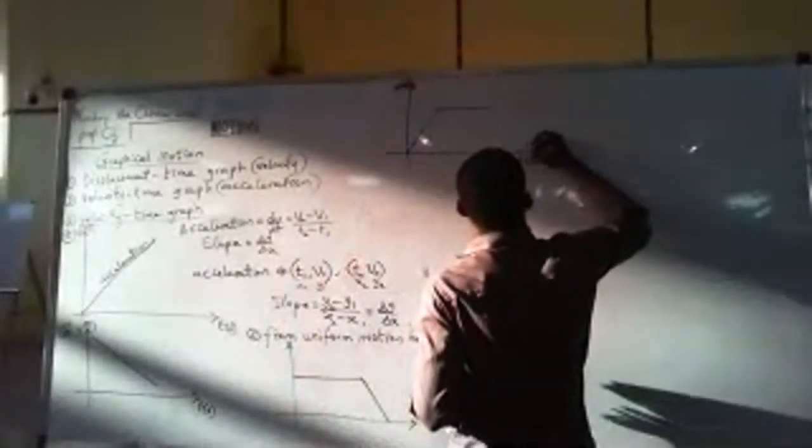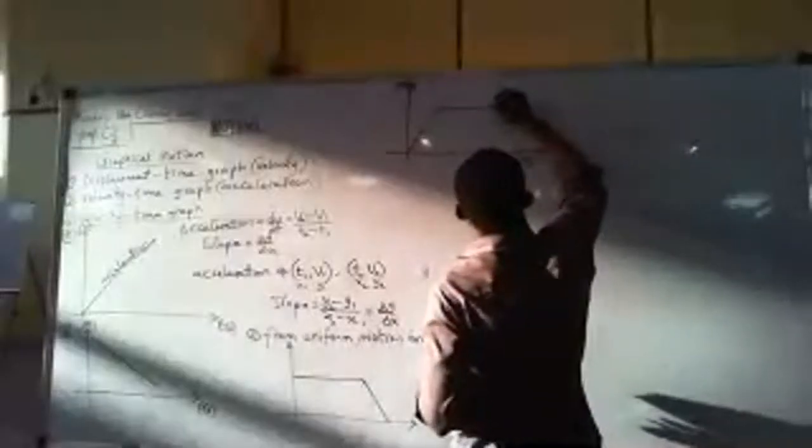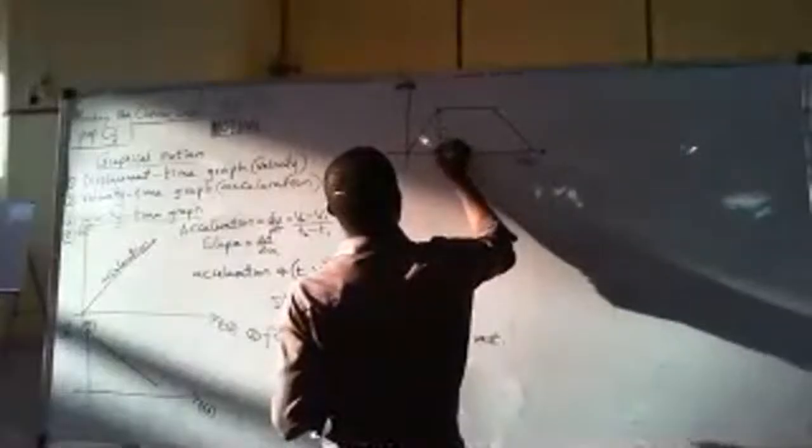In a velocity graph, they will ask you: a body starts from rest and accelerates uniformly, and after a few seconds of journey, it now decelerates. So you mention different stages.